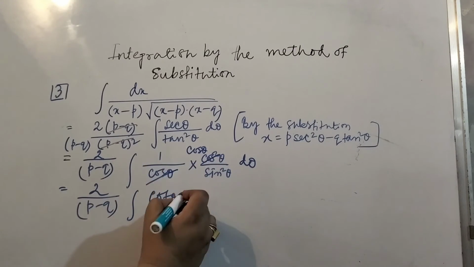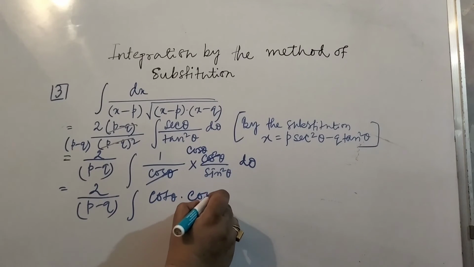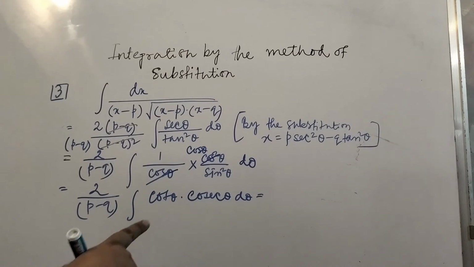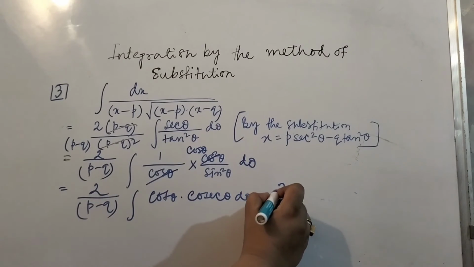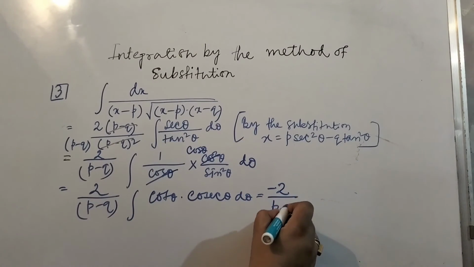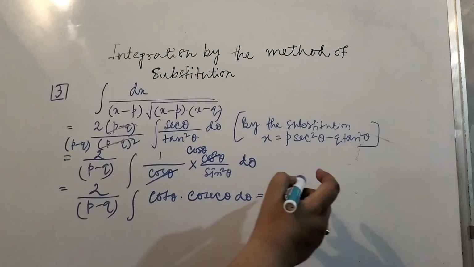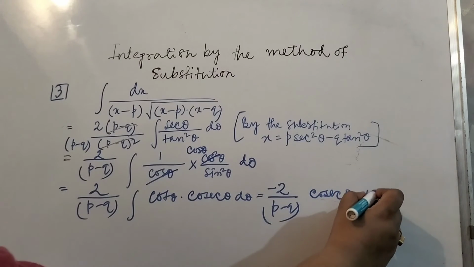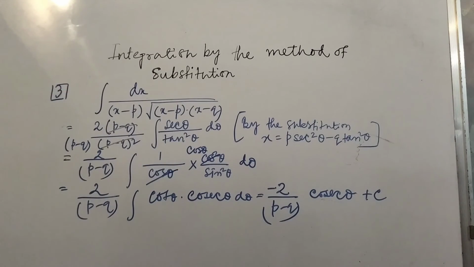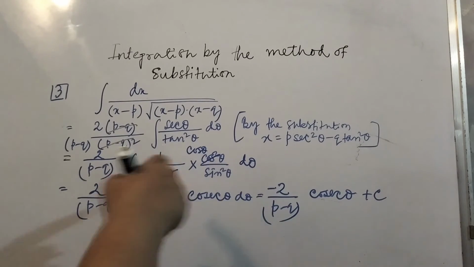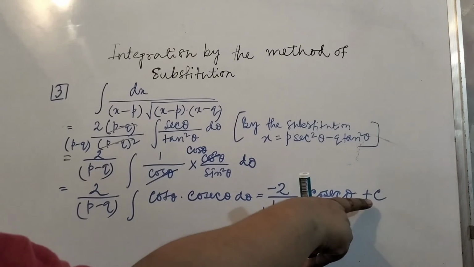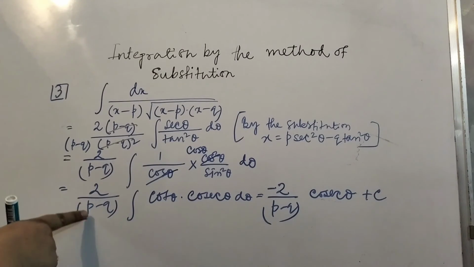So 1 by sin theta is there, which can be written as cosec theta d theta, and hence integration cot theta cosec theta will give us minus cosec theta plus the constant of integration, and hence integration cot theta cosec theta d theta is found, which is minus 2 by p minus q cosec theta plus c, because 2 by p minus q was there.